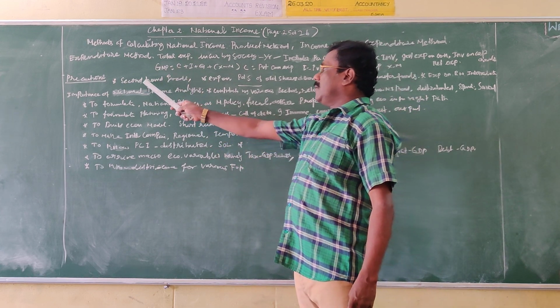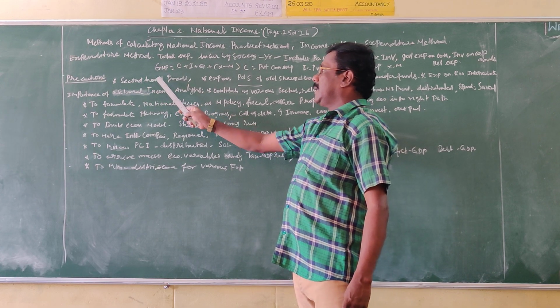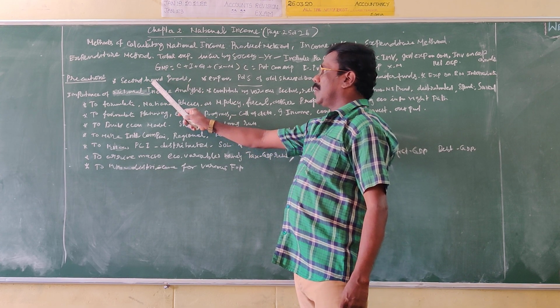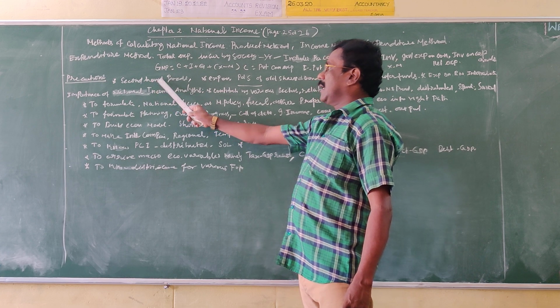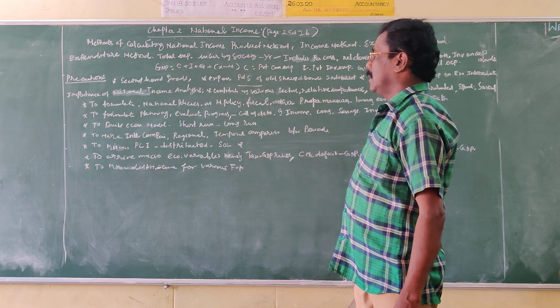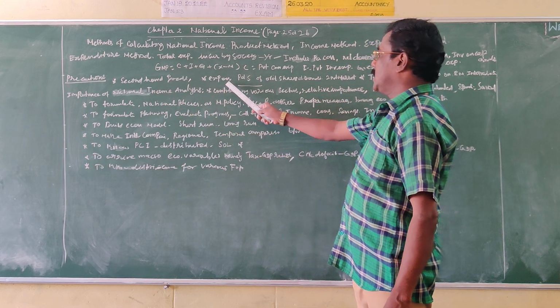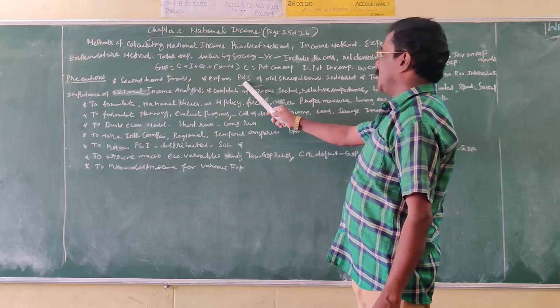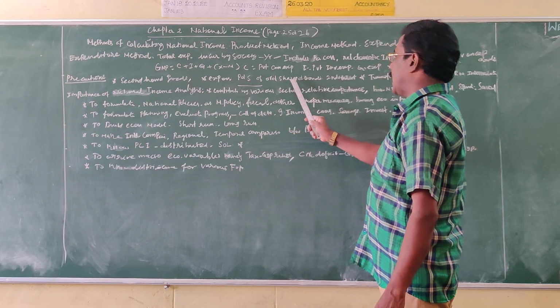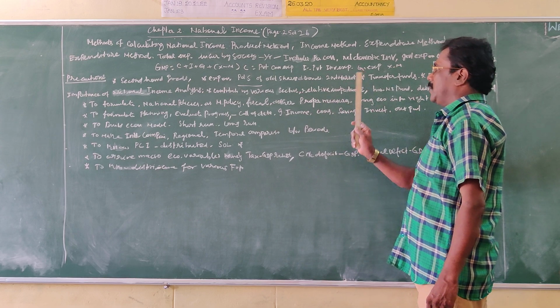So the amount received from the sale of second-hand goods should not be taken into account for the calculation of national income.